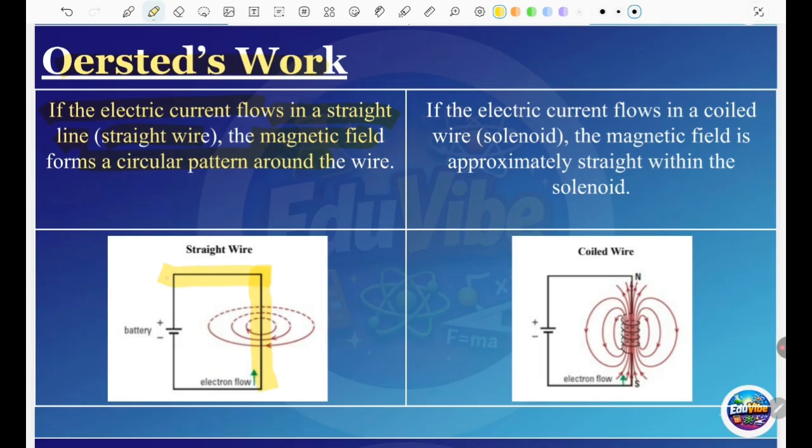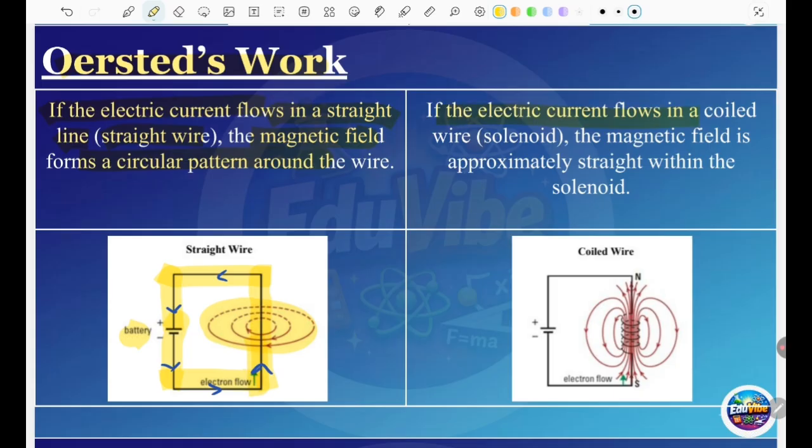The battery is attached to this, and when the current flows you can see the field goes in circles, following a specific direction, round and round around the wire.